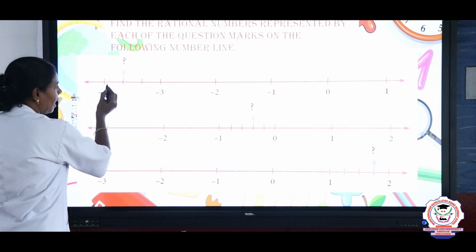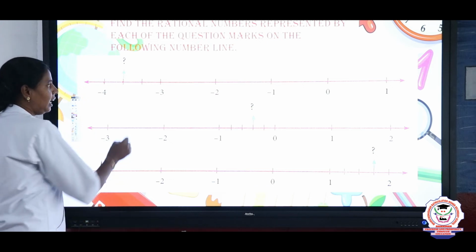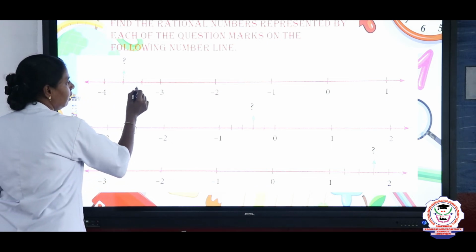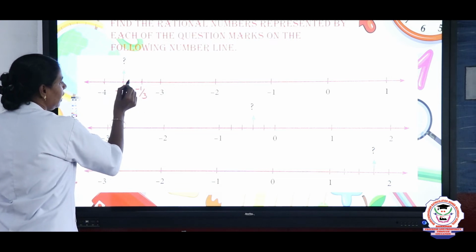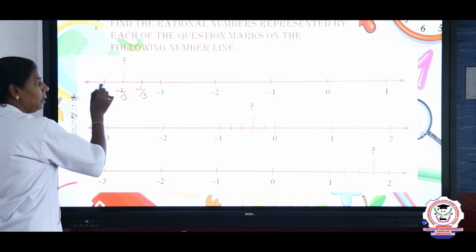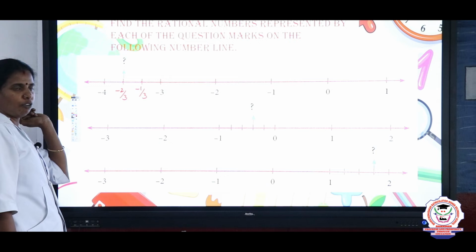So how many equal parts is it divided into? 1, 2 and 3. So the denominator is 3. So here is minus 1 by 3, minus 2 by 3 and this will be minus 3 by 3, which is minus 1. Next to minus 3 is minus 4.